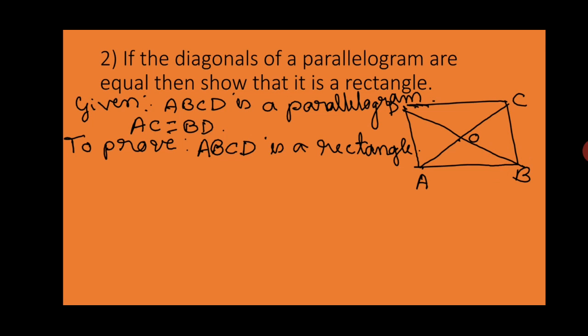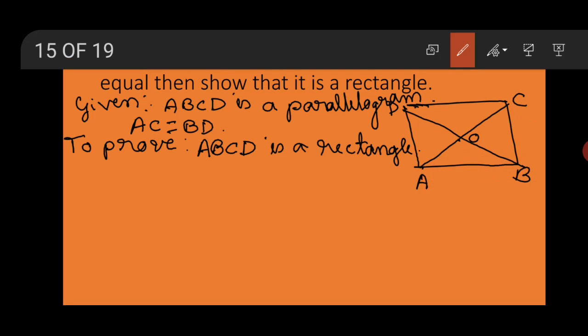So we have to choose two triangles, and by the help of any congruency rule, we have to prove that two triangles are congruent. Which two triangles can we take now? Yes, triangle ABD and triangle ABC, right? Write down. This is the proof.